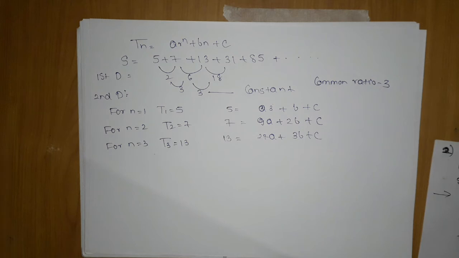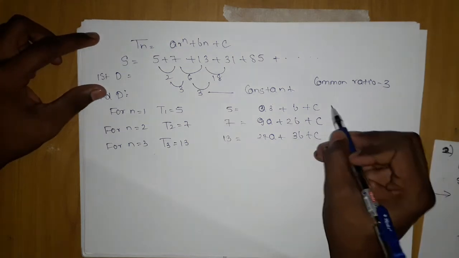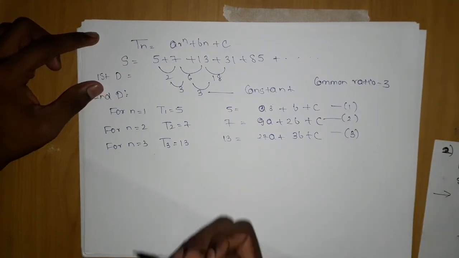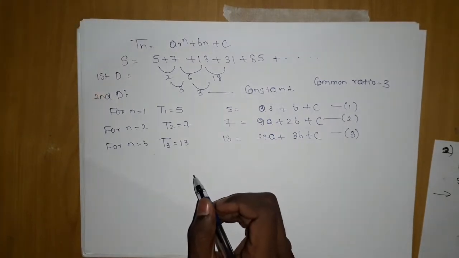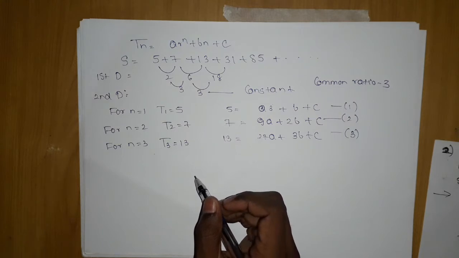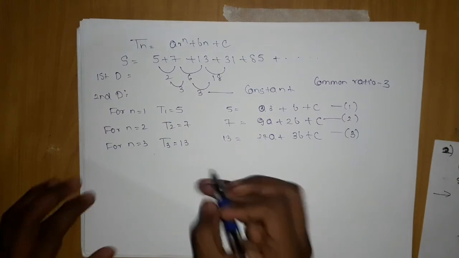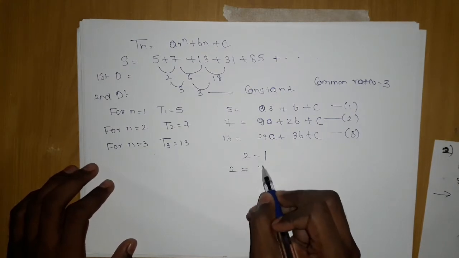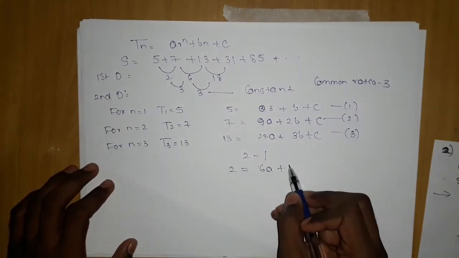Now after getting this, name them 1, 2, 3. Now you have to solve the linear equations. Subtract 2 minus 1, and I get 2 equals 6a plus b.